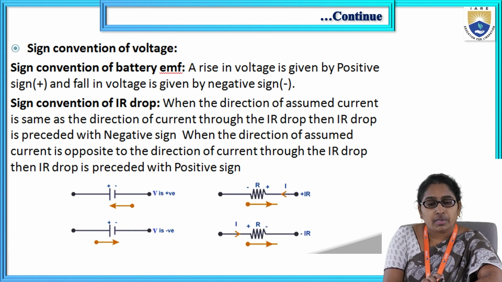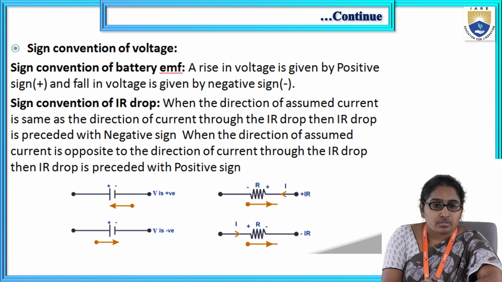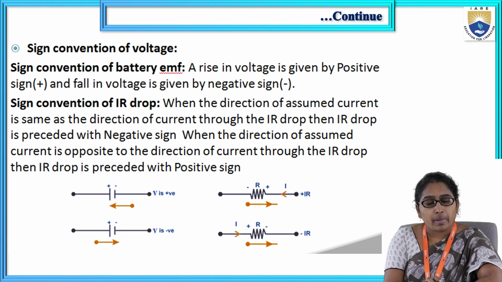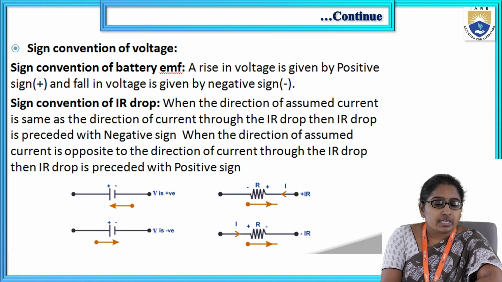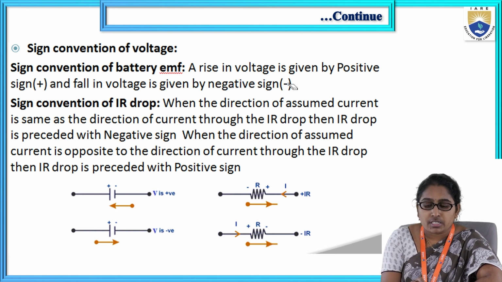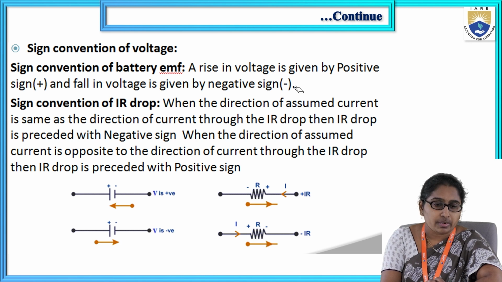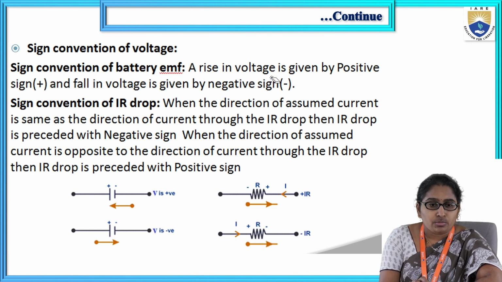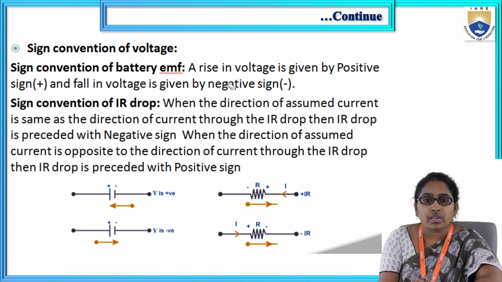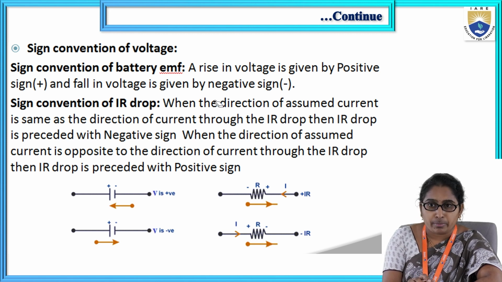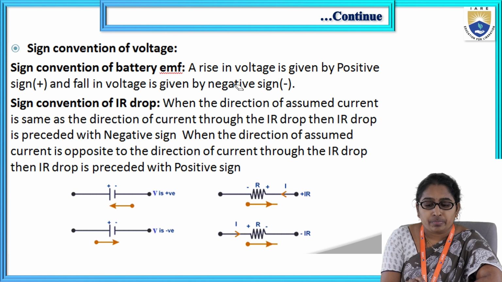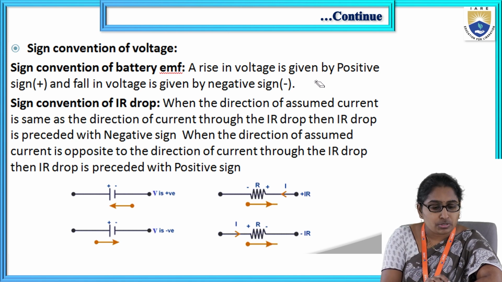Now coming to the sign convention for writing the KVL mathematical expression. First, the sign convention for battery EMF. A rise in voltage is given by a positive sign. For a battery, if we are going from the negative terminal to the positive terminal, that means we are going from a lower potential point to a higher potential point, which is a rise in voltage, given a positive sign.